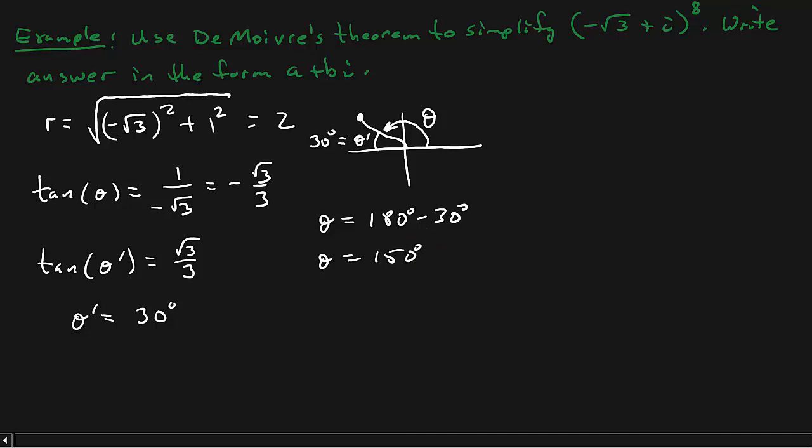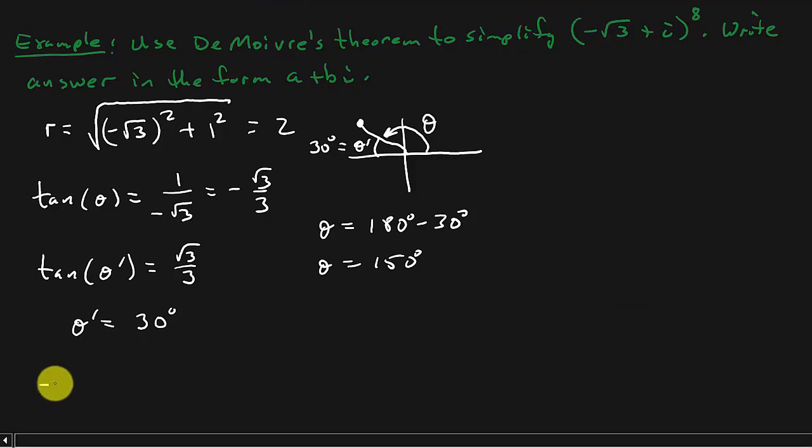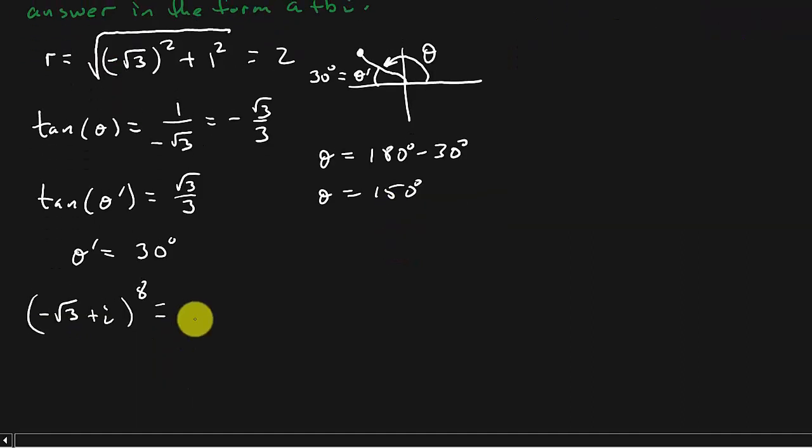All right. So what I'm going to do now is write this. This is my problem: negative square root of 3 plus i raised to the 8th is equal to r, which is 2, times cosine 150 plus i sine 150.